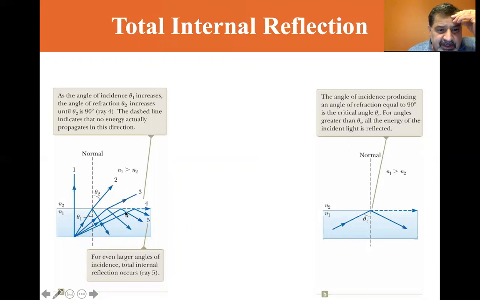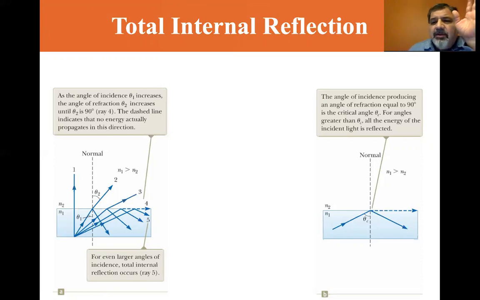You can see as this angle bends, there's a point here at 4 where it stays internal, and these other angles, like 5, it's all internal. So the angle of incidence producing an angle of refraction equal to 90 degrees is the critical angle, theta c.